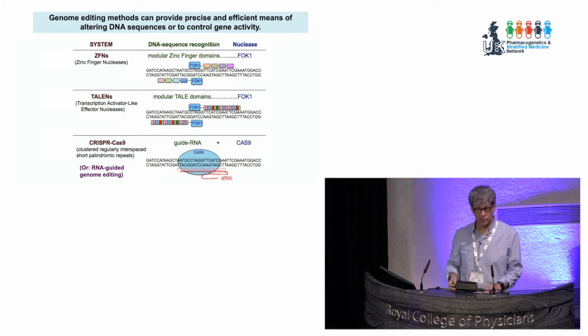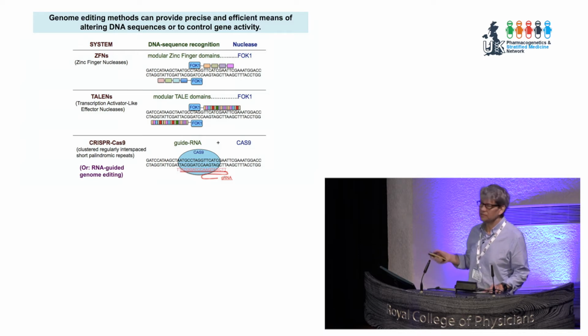With FokI as your nuclease, you need two FokIs to make a double-stranded break in DNA, which is why you have two sets in each of these cases. That helps specificity, but it becomes a lot more cumbersome to make and use. CRISPR-Cas9 uses the guide RNA to take you to the right place in the genome, and then Cas9 is the nuclease.